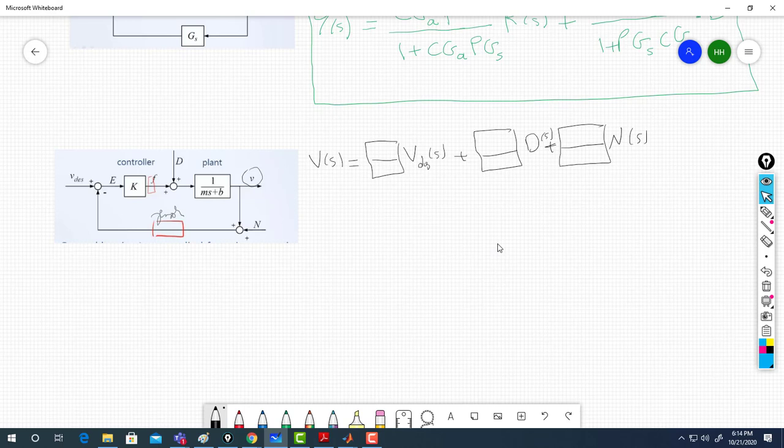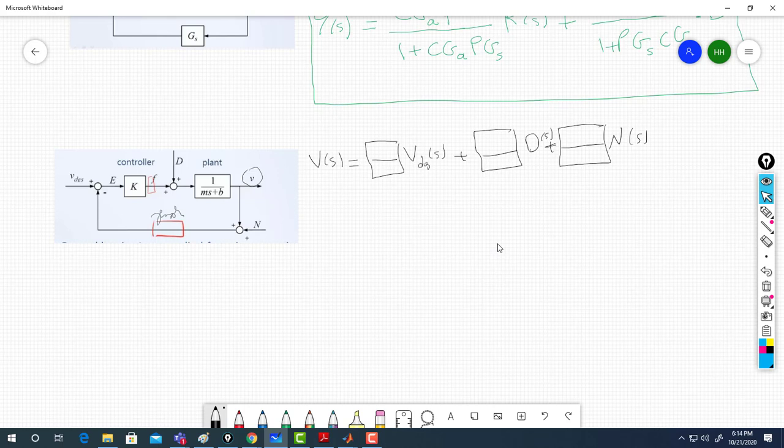It doesn't come very pure or unfiltered. You have noise associated with measurement, and this is normal. Then take the noise into consideration, and a lot of the time you have disturbance applied to your plant, to your physical system. This disturbance could depend on the system. It could be a force, could be any unwanted disturbance.